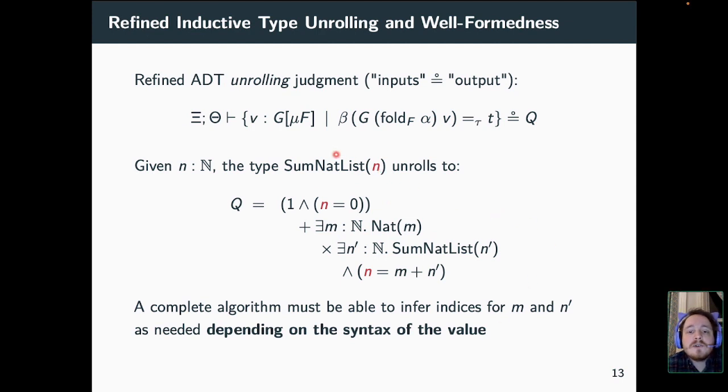Okay, so we have an unrolling judgment, which is basically for connecting the syntax of values to the appropriate SMT constraints. This judgment may look a bit scary, but I just want to highlight this example.